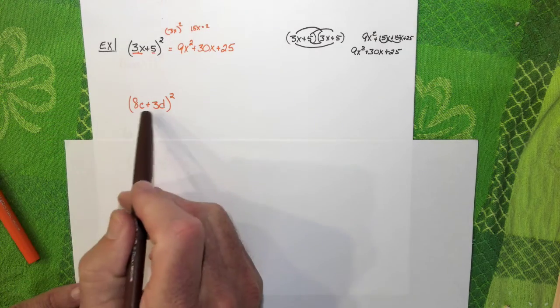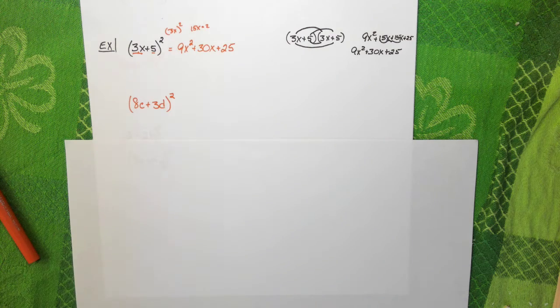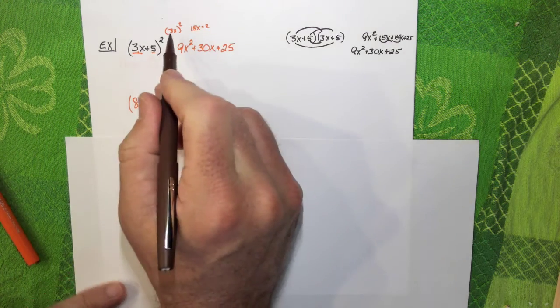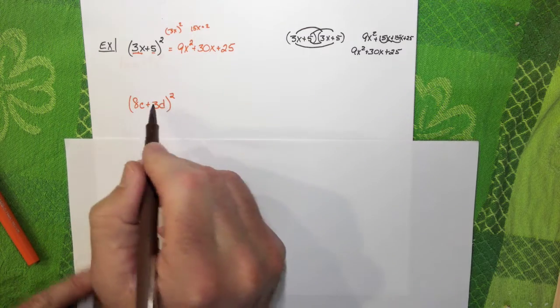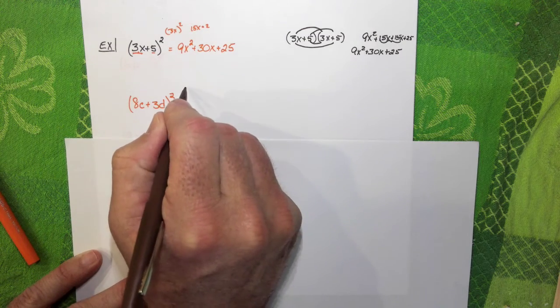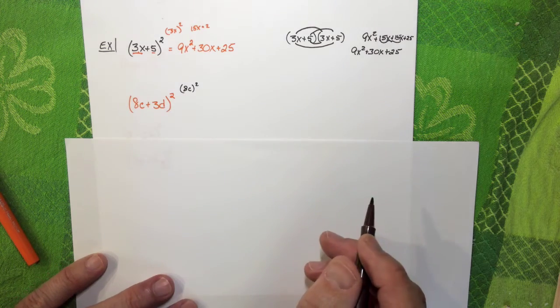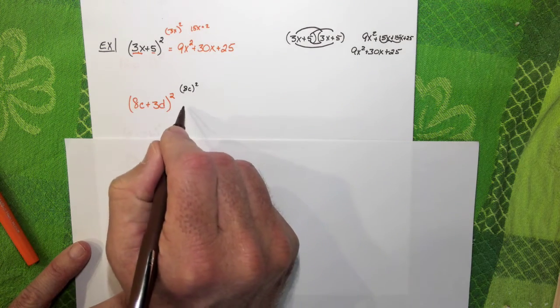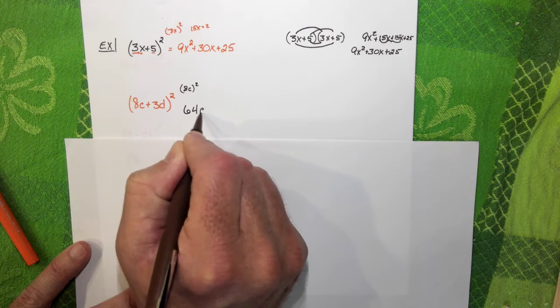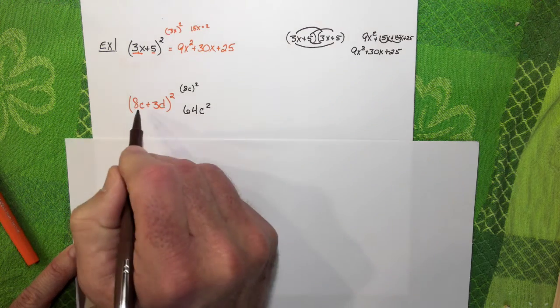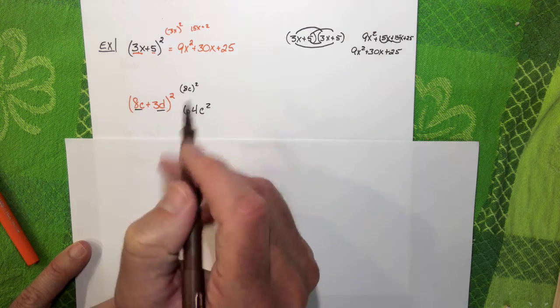So let's see what we have here. Here we have a sum being squared. So according to the shortcut, we are going to take, and again, you don't have to even do this stuff if you can do it in your head. I'm writing stuff that's going on in my head. 8c has to be squared, so that's going to give me 64c squared. I got to take the product of these two terms.